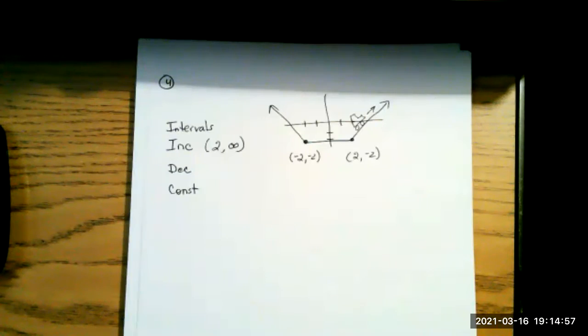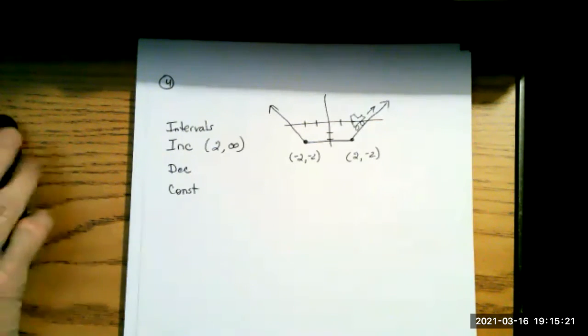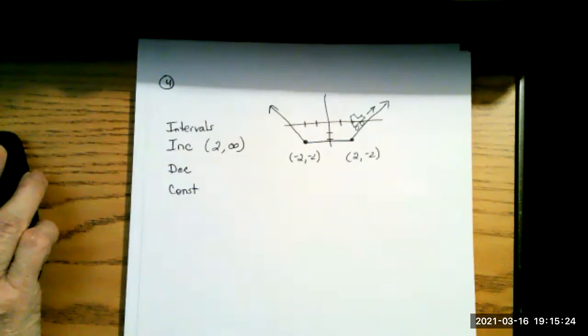Okay, let's see. Chantel, are you available? Can you pick one of the decreasing or constant and tell me which one it is? Let me pick on somebody else. How about Lori? Lori, are you there? Yes, I'm here.